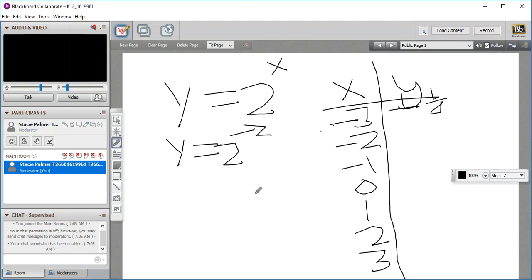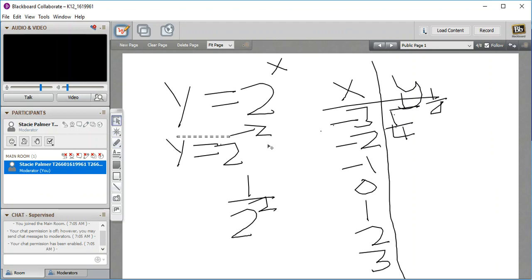We would need to simplify this. 2 to the -2 is going to be the same thing as 1 over 2 to the +2. 2 to the +2 is 2 times itself twice, which would be 4. Okay, so when we let the x be -2, our y is 1/4.